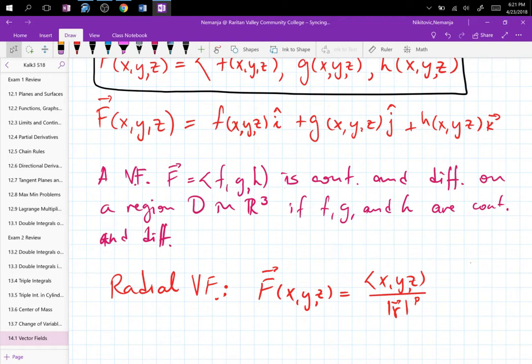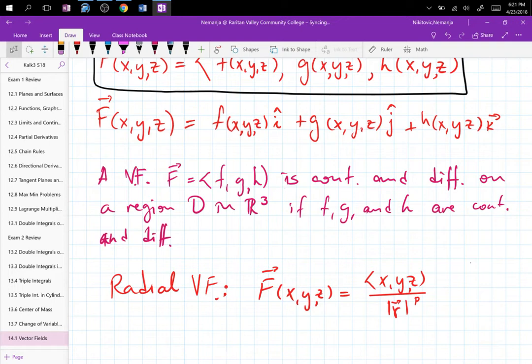But at least we can look at them. I want to start here. If you look, all of the motion is going away from the origin.